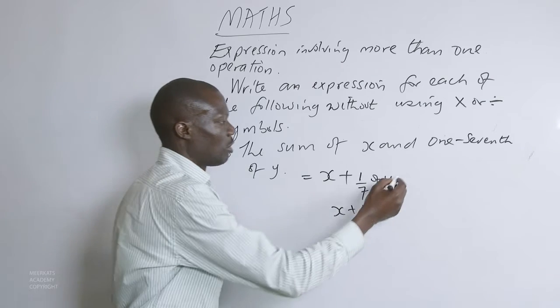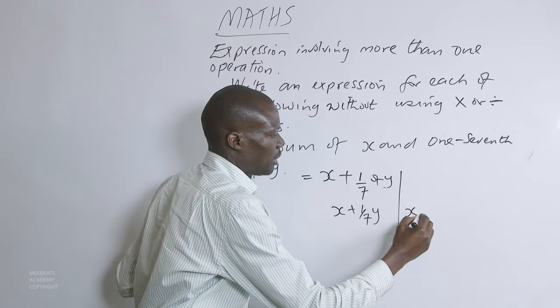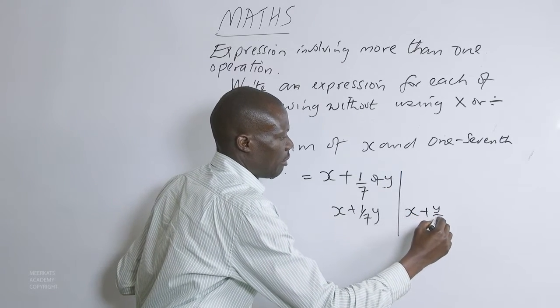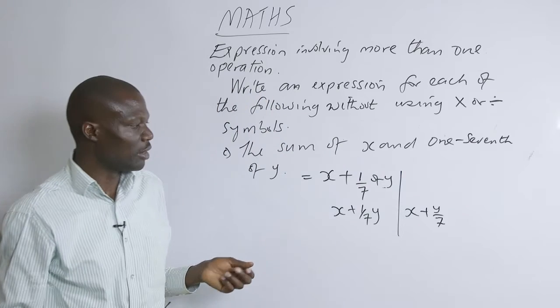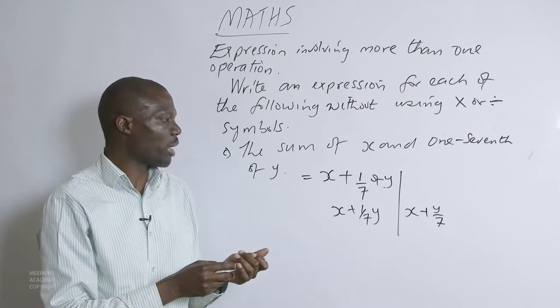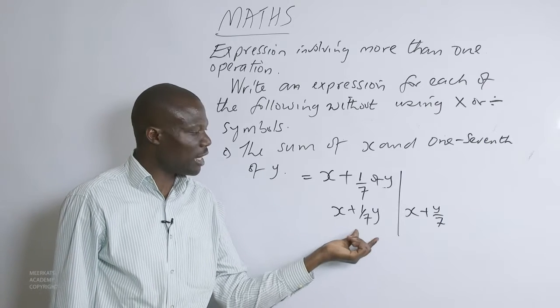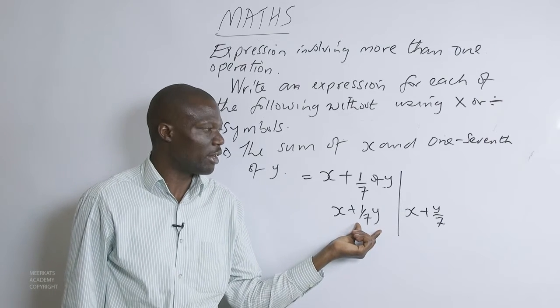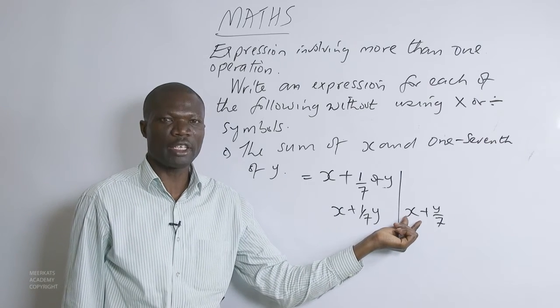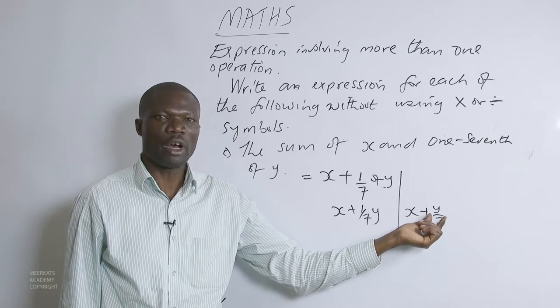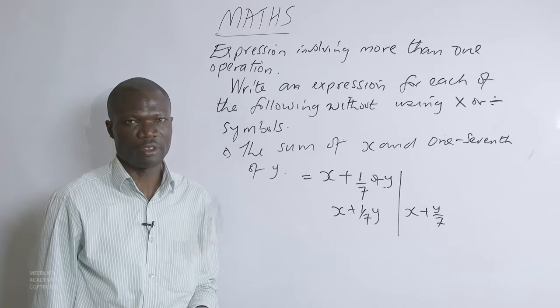It can also be written as x plus y over 7. So you realize that we have shown that it is the sum of x and 1/7 of y, or it can be just x added to y over 7.